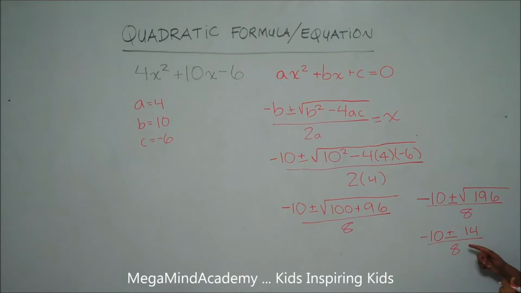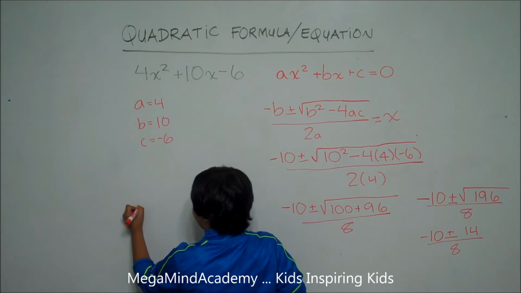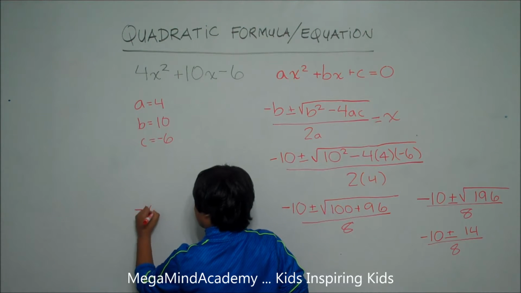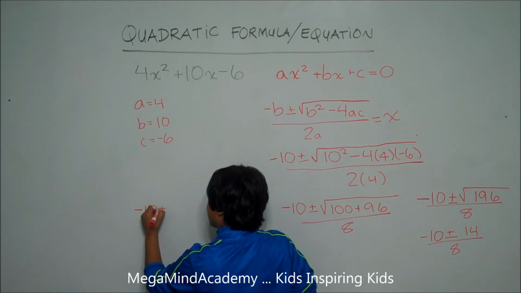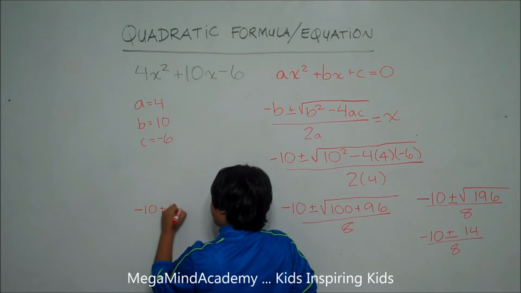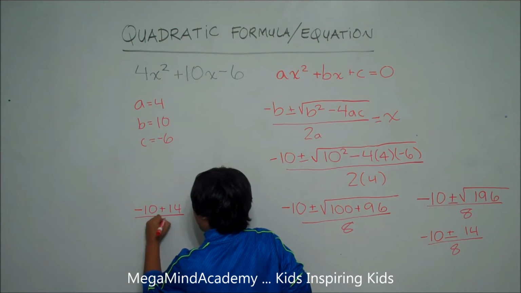Now, if you notice, we have plus or minus. So, to find the two x's, we have to add first, and then we subtract. So let's do that. So we have negative 10 plus 14, over 8.